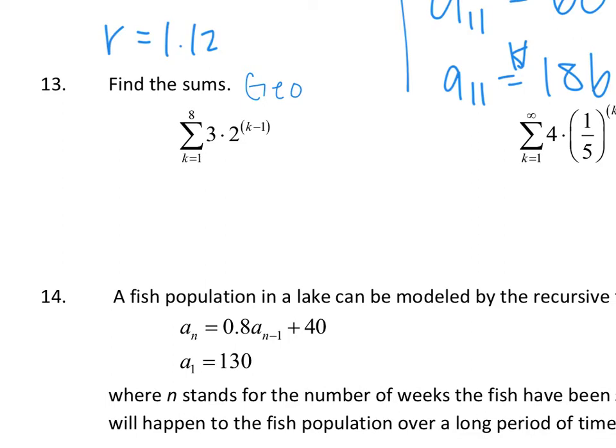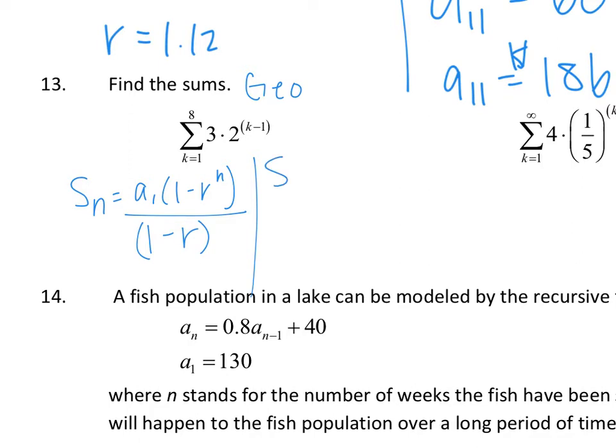So the sum is, actually let me write the formula first without any numbers. So the first term times 1 minus the rate to the nth power over 1 minus the rate.